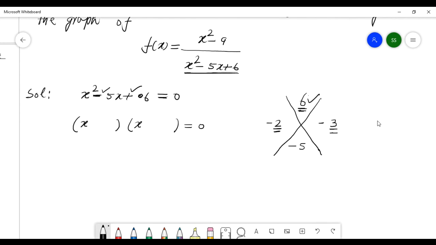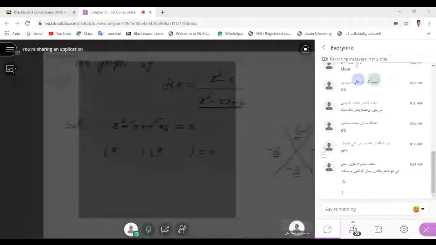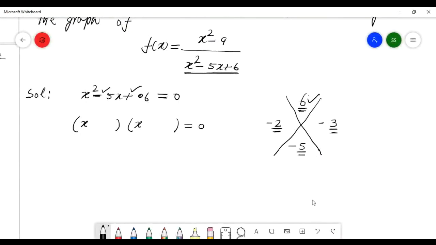This is 6. And minus 2 plus minus 3 will be minus 5. This one.